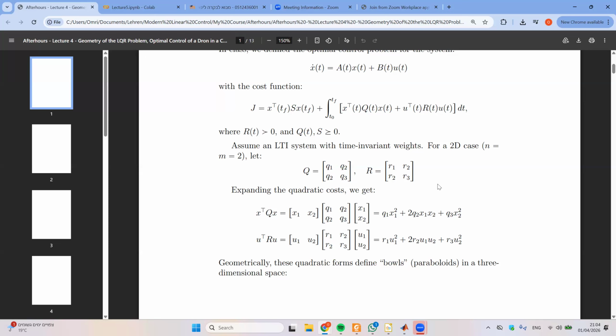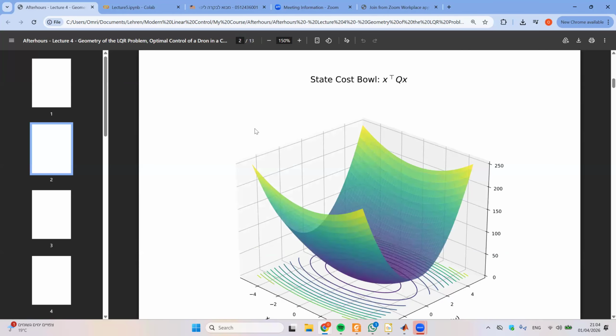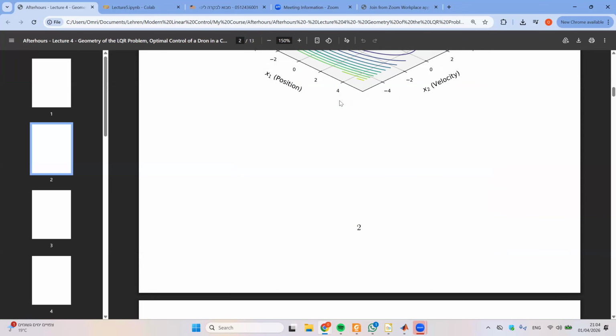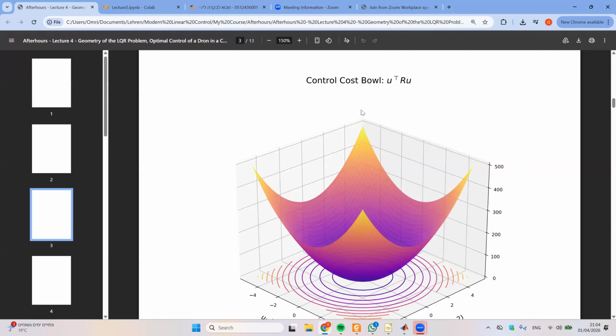So for example, for this term, we have what's called the state cost ball. So this is how it looks in three-dimensional space. And similarly, for the control, we have the control cost ball.